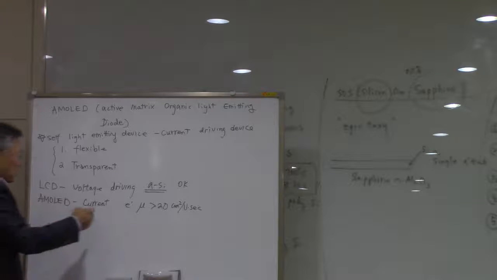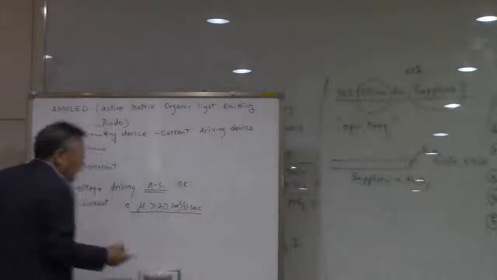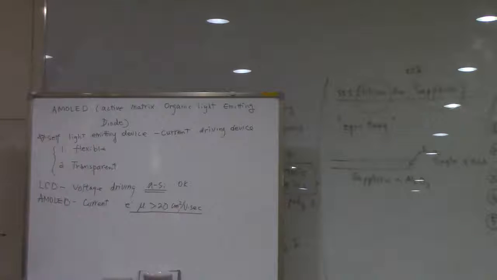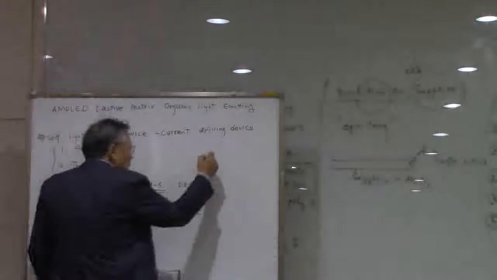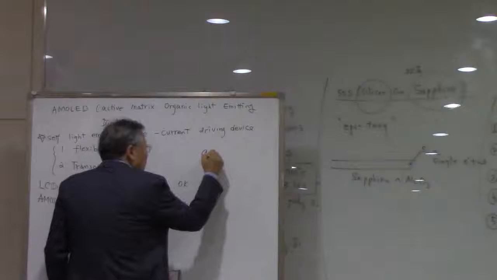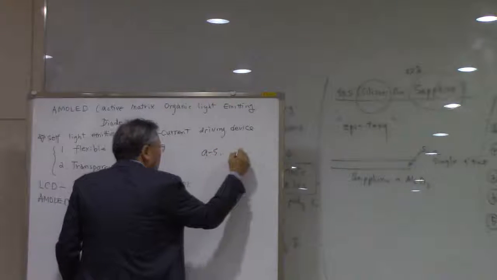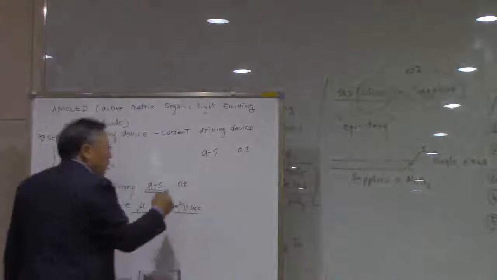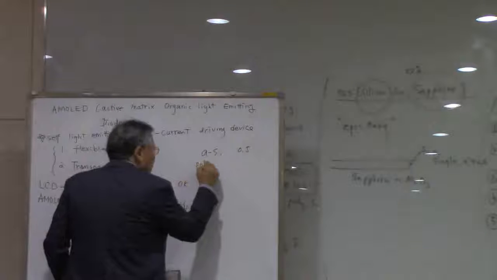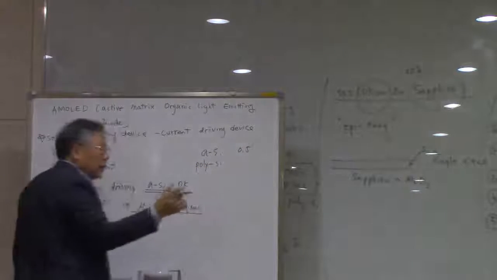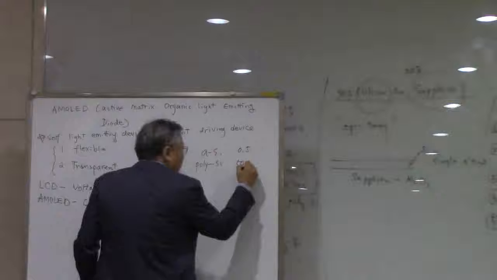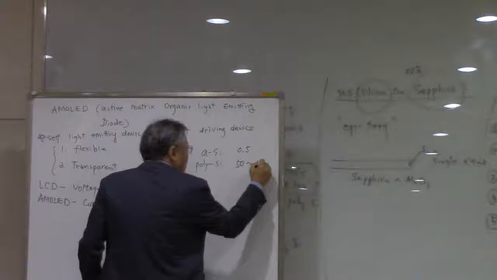So at least the electron mobility has to be greater than 20, and as you see, amorphous silicon is only 0.5, and polysilicon, depending on the grain size, can change from 50 to even 400.